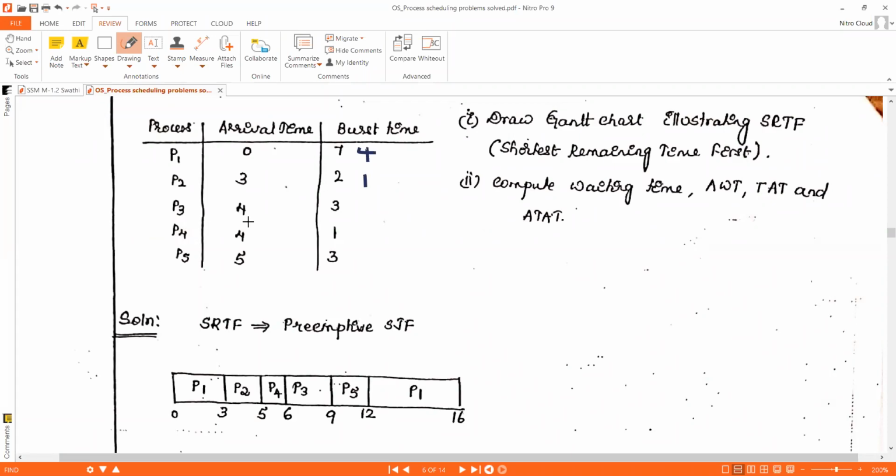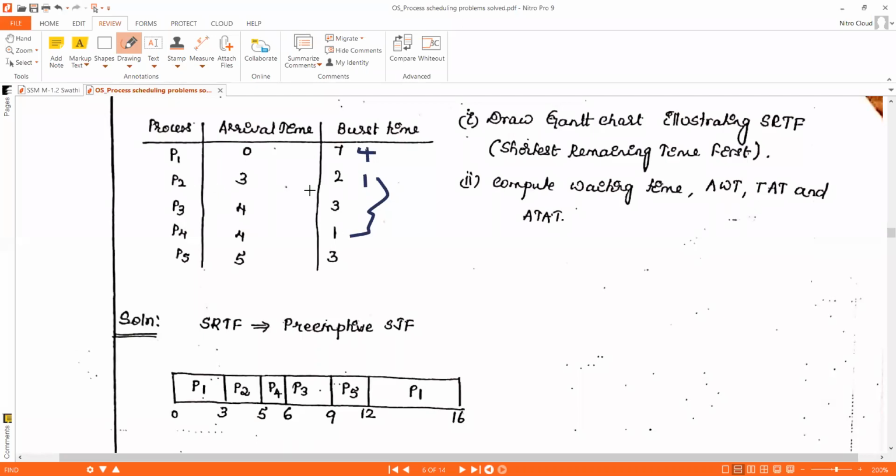At clock time 4 milliseconds, another process also arrived to the ready queue, that is process 4, with a burst time of 1 millisecond. Among these three processes, which has the shortest burst time?